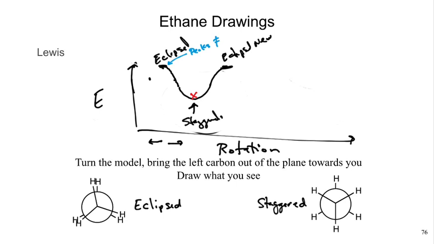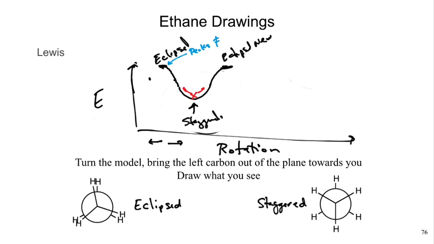Those are transitions. The valleys are existing states. So if I'm going to talk about which of these two is most important to me, it's the staggered state, the valley, because that's a valuable thing. The structure exists, quote unquote, at that point. I can give it energy, and it can rock back and forth within this well.